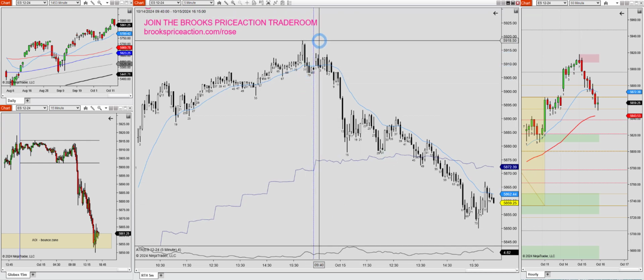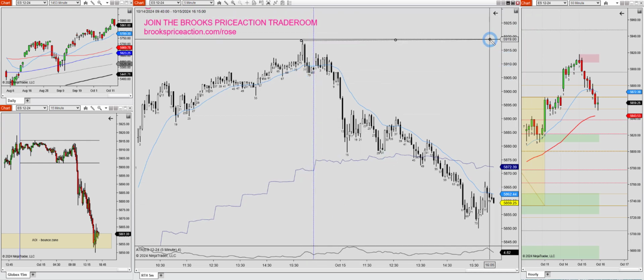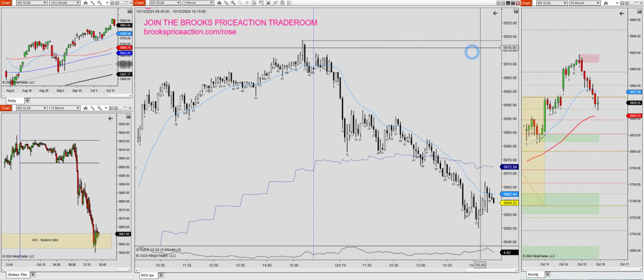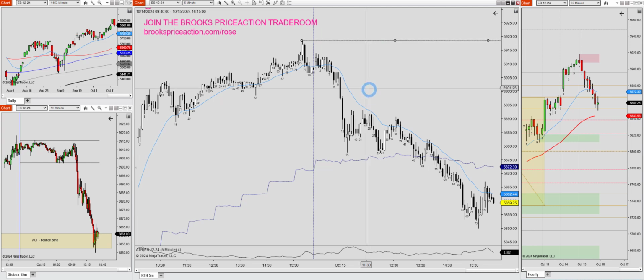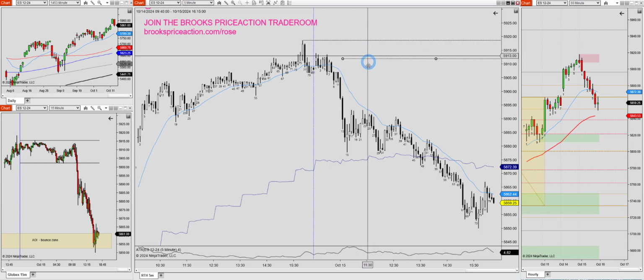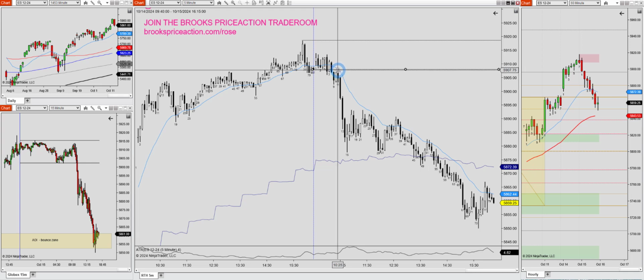For example, here I'll put in yesterday's high right there, with bar 76, and then I have the close of yesterday, which is right here. These are important levels, so you should always have them on your chart.